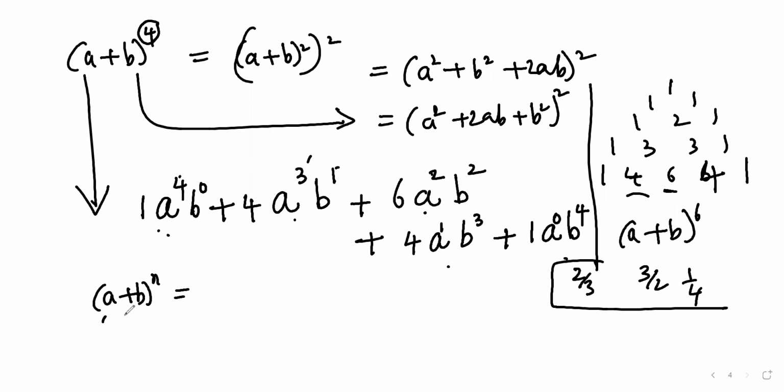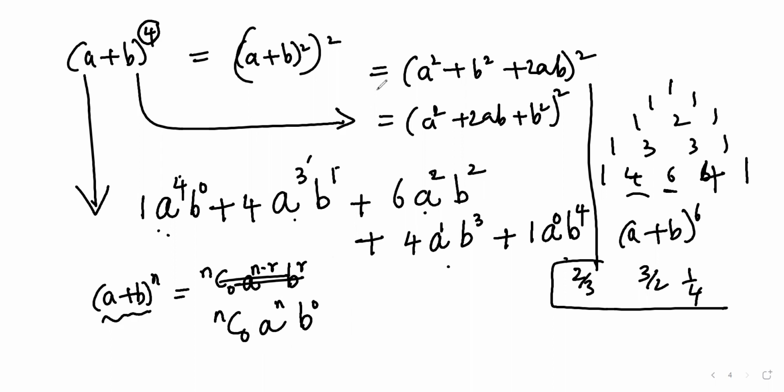So now how to expand this? Let's see carefully, it is nCr a to the power of n minus r, b to the power of r. This is a general expansion. So what we do is nC0 a to the power of n, b to the power of 0.